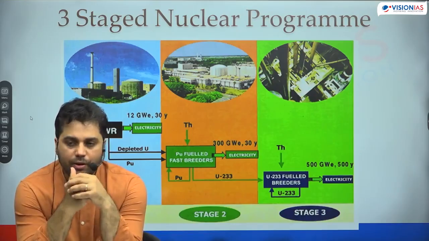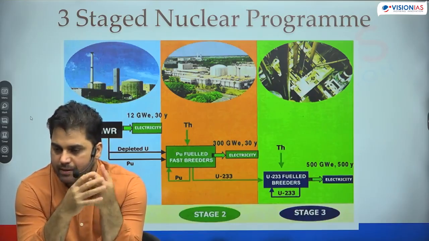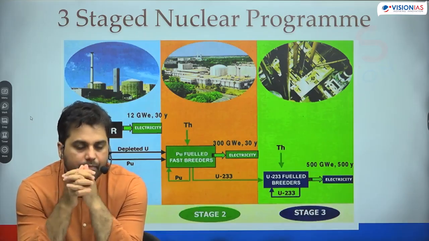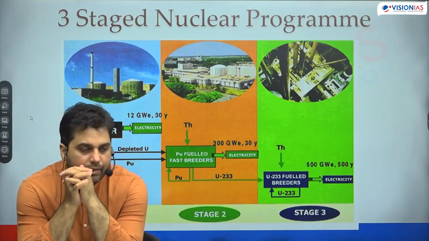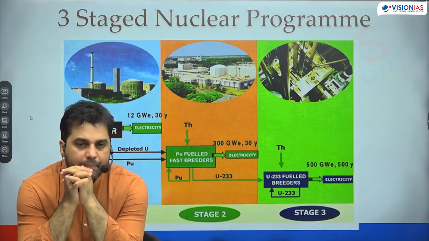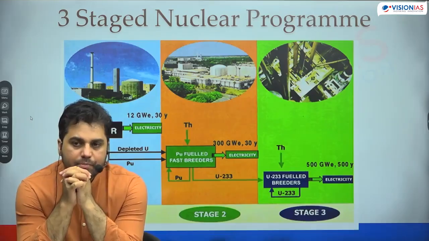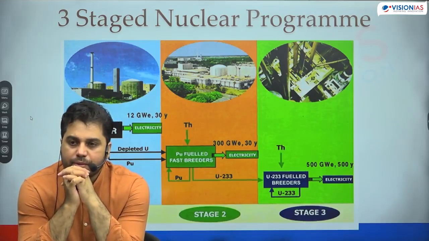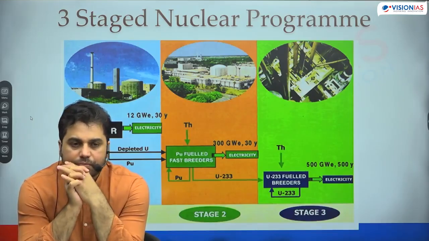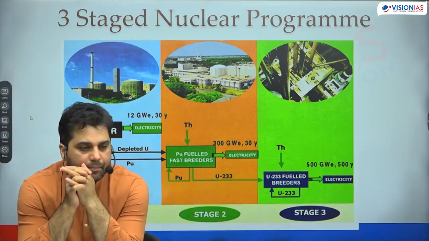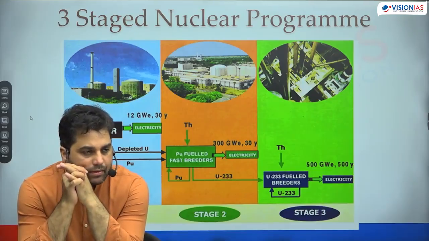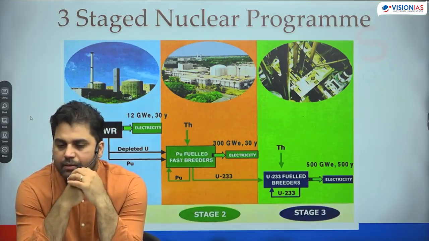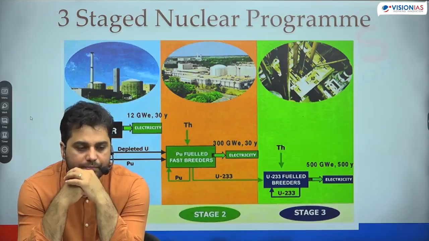In fact, it is called fast breeder because it produces more uranium than fission of plutonium.